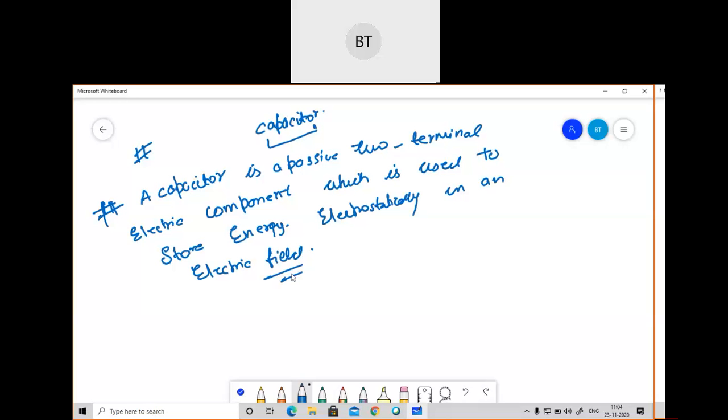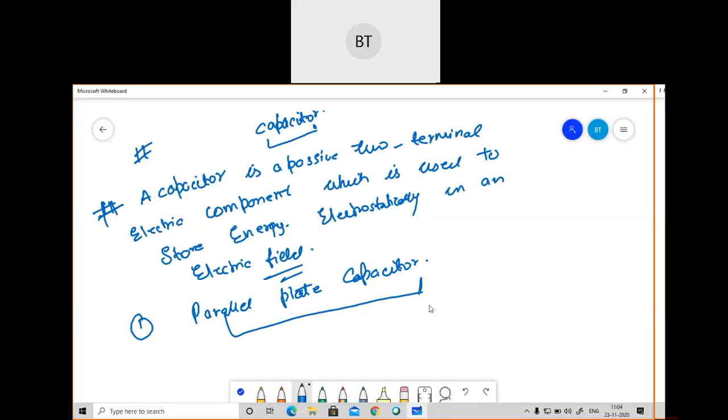So basically there are two types of capacitors. The first one is the parallel plate capacitor. How are you going to define the parallel plate capacitor? Here we are dealing with a capacitor with two parallel plates.